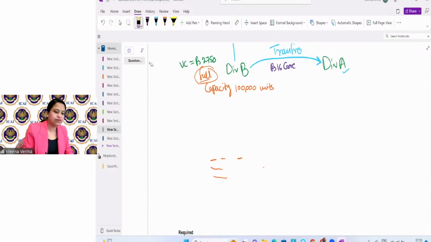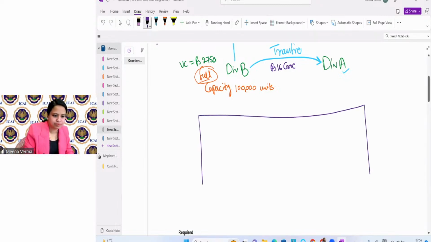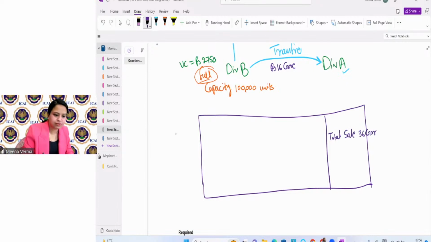It was already given in the question that the total sale, I'll make a table, of the company was 36 crore. Okay, this is the total sale of the company.